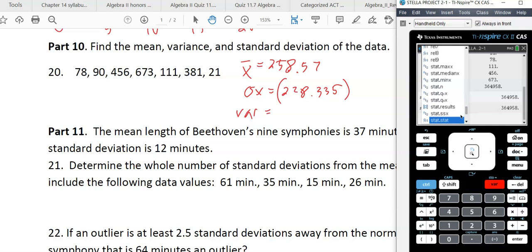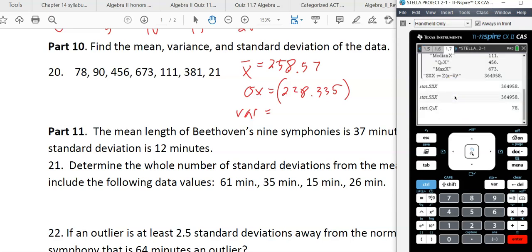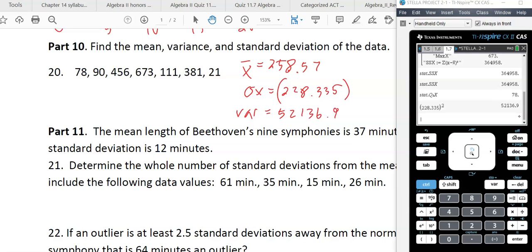It'd be right next to SX. I think I saw it. Maybe it's QX? No, oh well. Let's just type it then. So it'll be 228.335 squared. So the variance would be 52136.9 approximately.